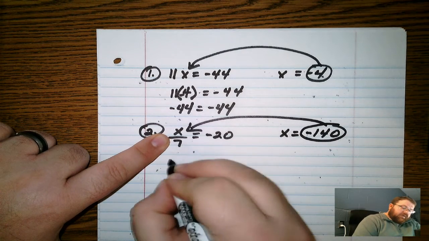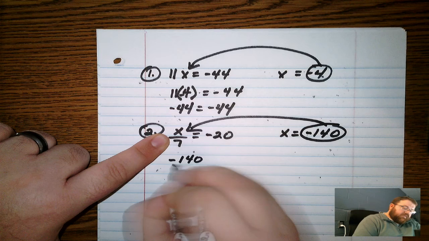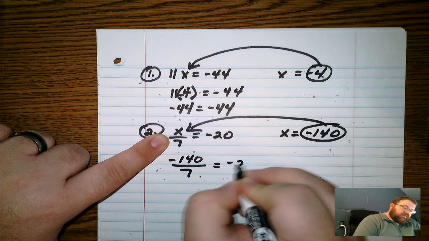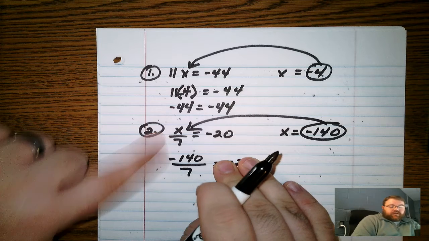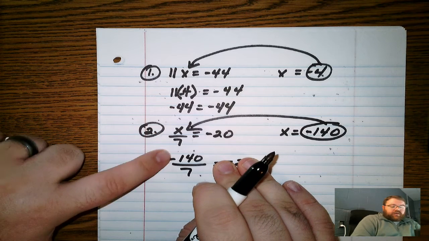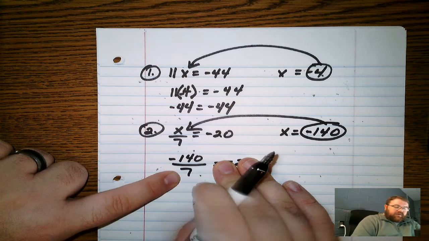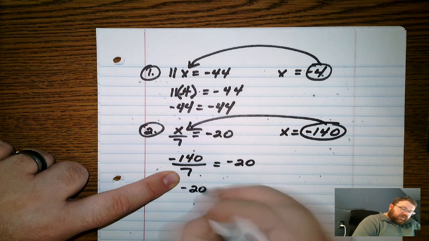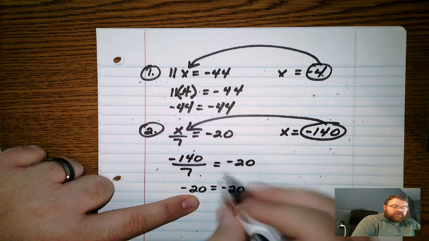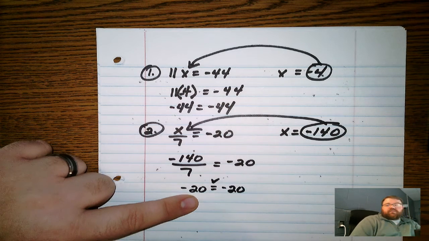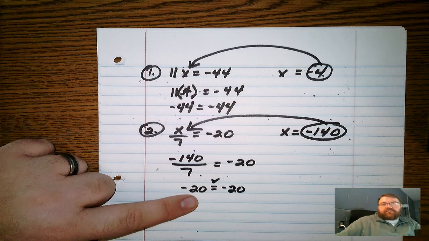So I have negative 140 divided by 7 is equal to negative 20. Now I'm going to cover up this equal to negative 20 and simplify this. Negative 140 divided by 7 is negative 20, and that is equal to what the equation has. That's how I know that we have the correct solution.